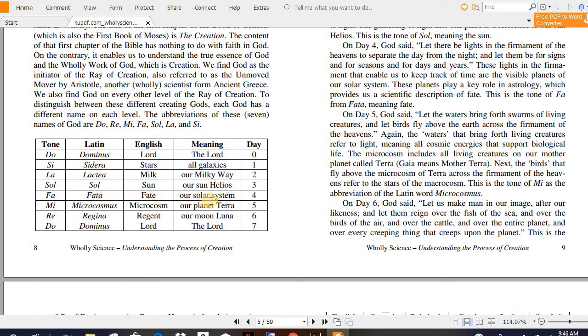Fa, Fata, fate, our solar system, 4. Mi, microcosmos, microcosm, our planet, Terra, 5. Re, Regina, Regent, our moon, Luna, 6. Do, Dominus, Lord, the Lord, 7. Okay?